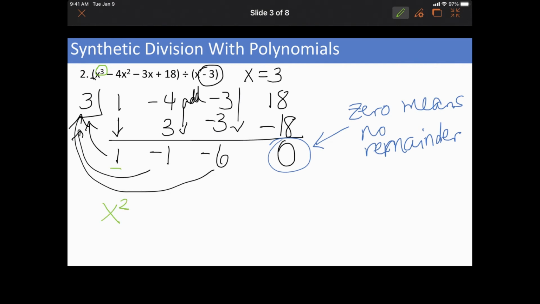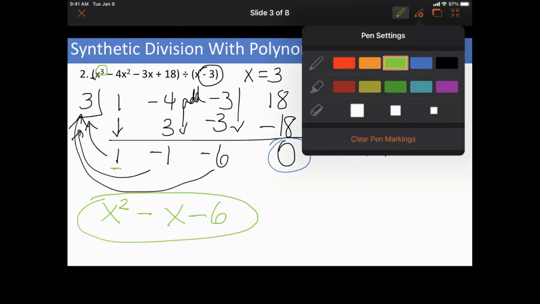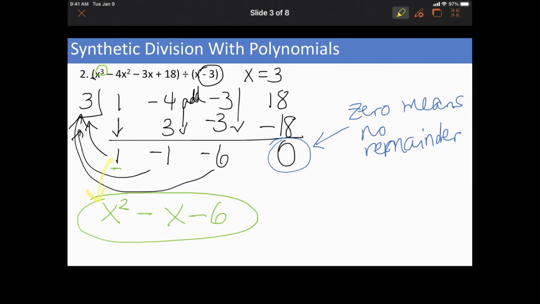The coefficient is 1, minus x, minus 6. Okay, and that's my answer. So again, remember, these are the coefficients. And this time I didn't put a 1. And there's no remainder because the last digit is 0.